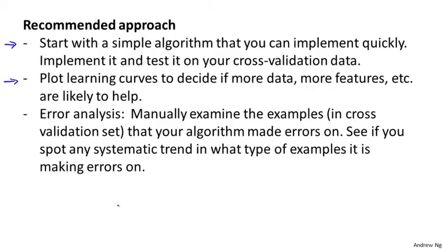This was what we talked about in the previous set of videos: plot learning curves of the training and test errors to try to figure out if your learning algorithm may be suffering from high bias or high variance or something else, and use that to try to decide if having more data, more features, and so on are likely to help.